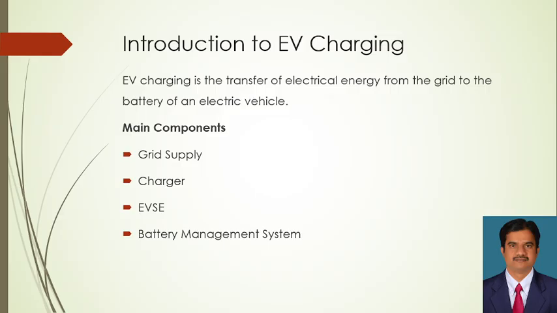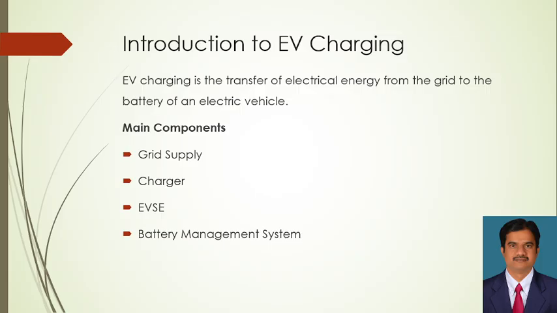So in the last class, in the battery management system, we saw how we monitor the battery with respect to the voltage, the current, the temperature, and SOC and SOH. We completely monitor the performance of the battery by using the battery management system. Once we fix the battery in the electric vehicle, how can we charge the battery in an electric vehicle?